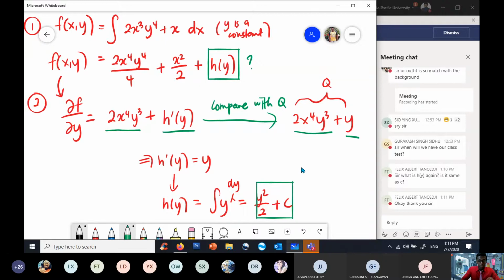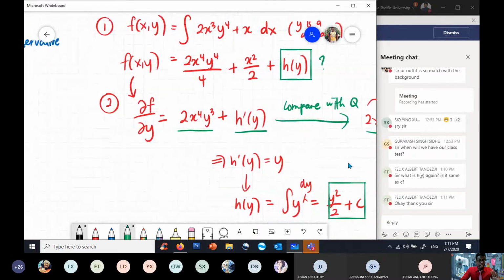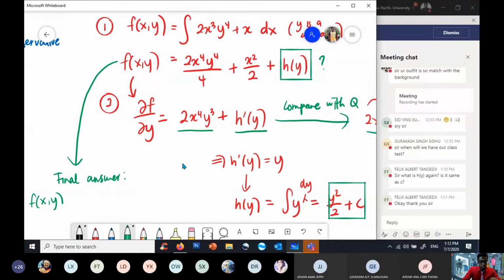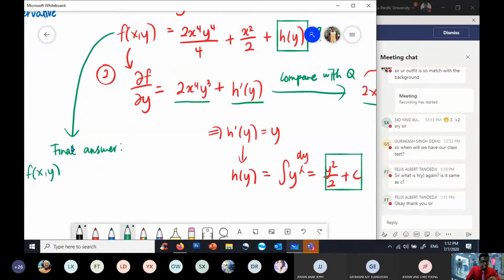Okay. So now that I know what is my hy, let me write back the whole solution completely this time. So my final answer is the scalar potential f(x,y) is equal to 2x^4 y^4 over 4 plus x squared over 2 plus hy. What is my hy?